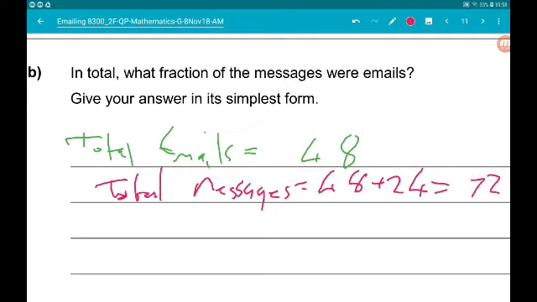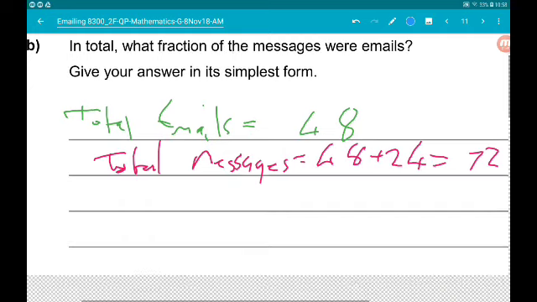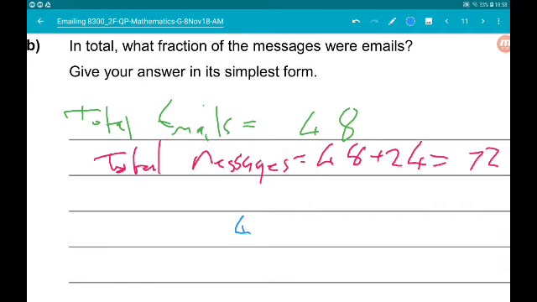So our answer then is 48 out of 72. Smash that in your calculator and you will get 2/3. Cool.